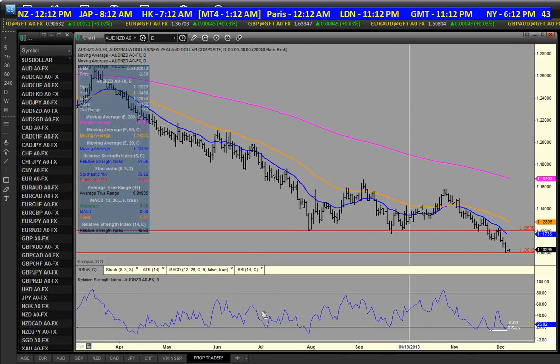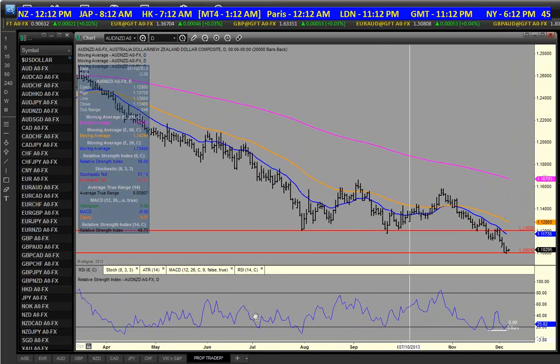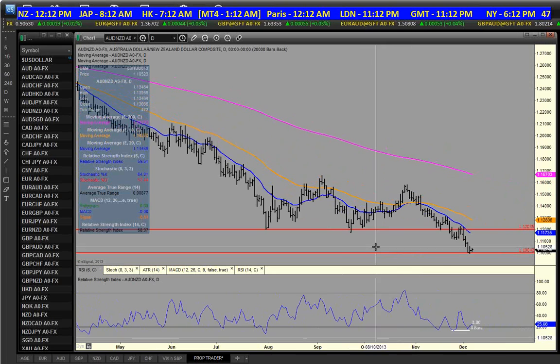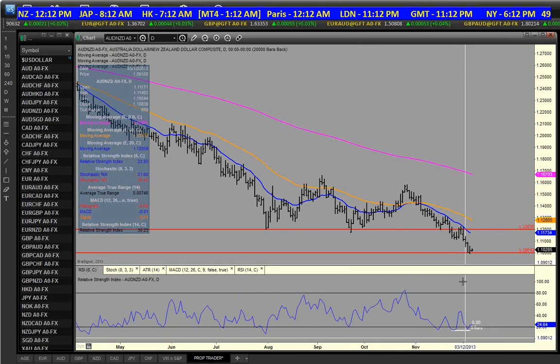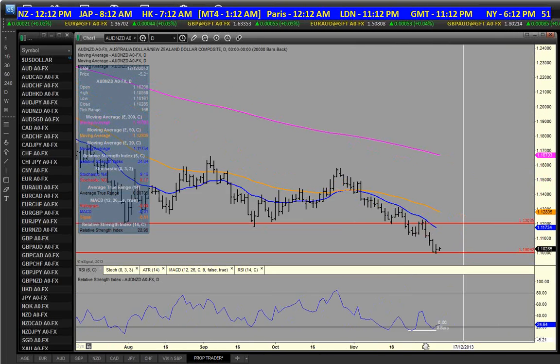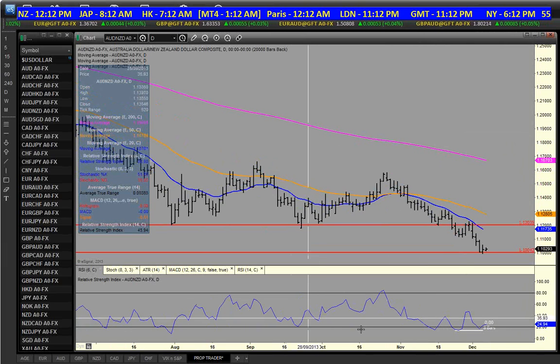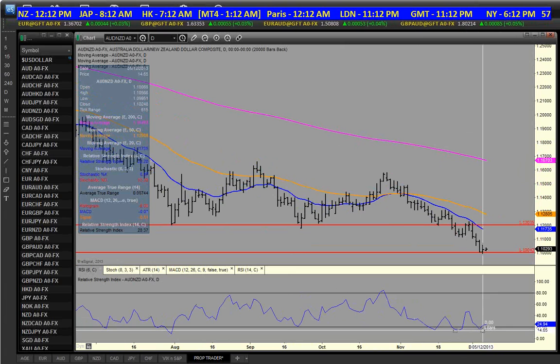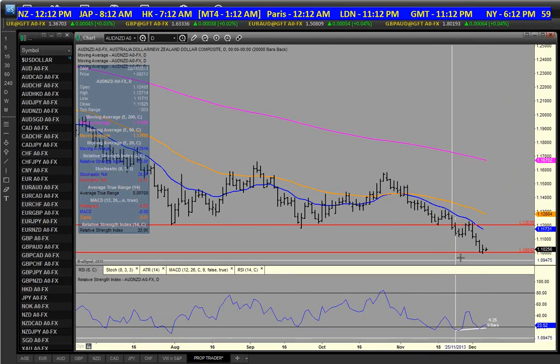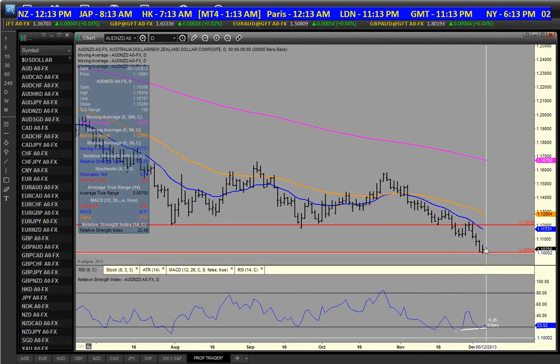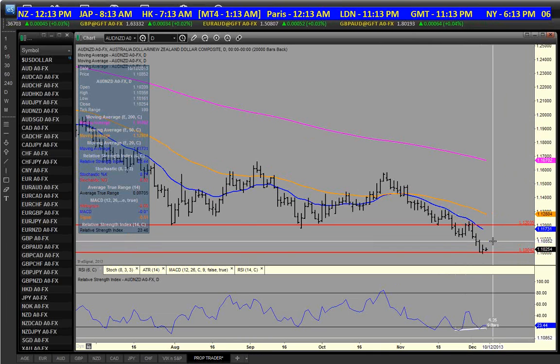Anyway, no sign of buying intention yet, even though there is divergence. I'll stay away from that for the time being. You'd want to see Class A divergence, which this is Class A divergence. You want to see Class A divergence and a strong buying bar. And given the strength of this trend, I'd like to see probably more than just, I'd like to see a couple of days of 2 buying bars.